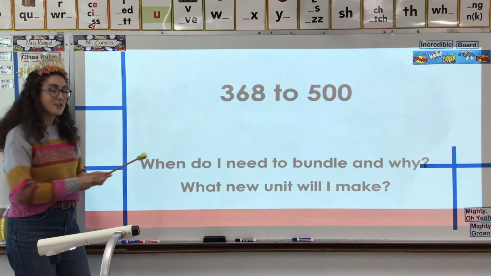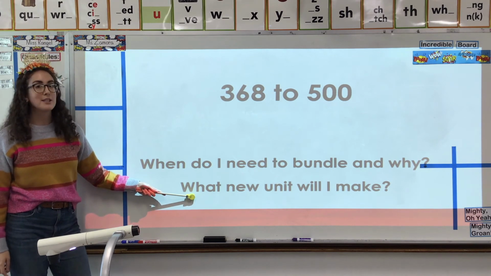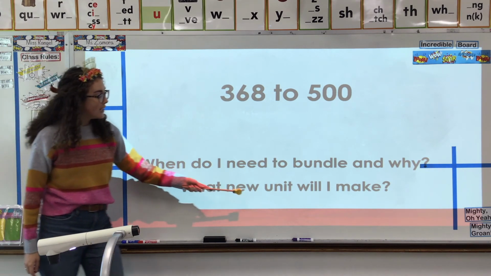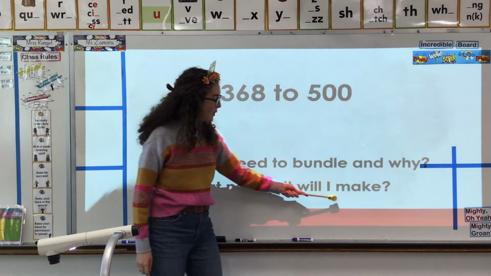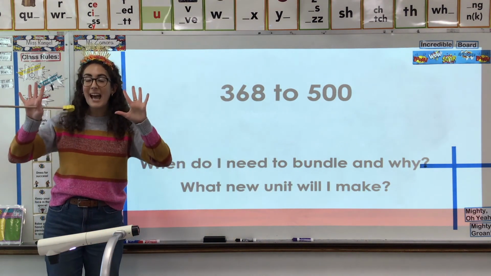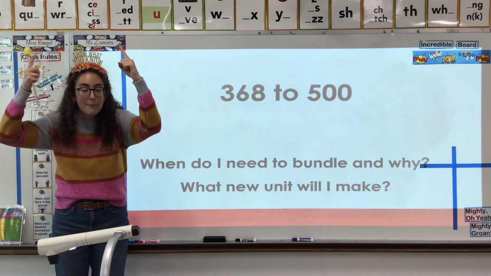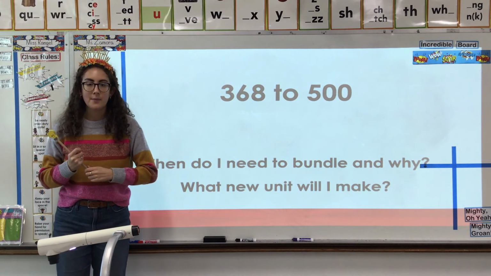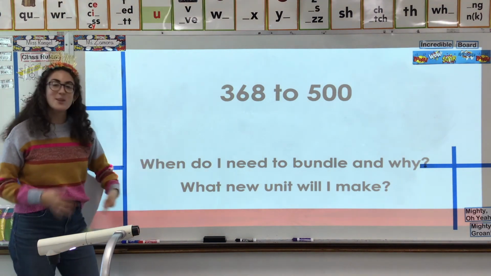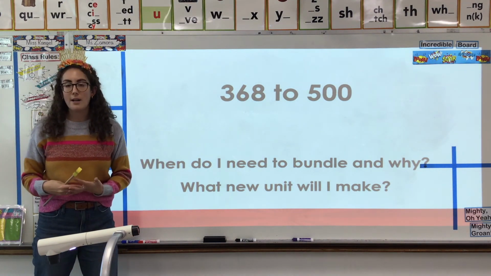So you're going to ask yourself this question. In addition, you will ask yourself, what new unit will I make? So after you've bundled 10 of that smaller unit, what is the bigger unit you're making? We have answered all these questions as we've been talking about our numbers.